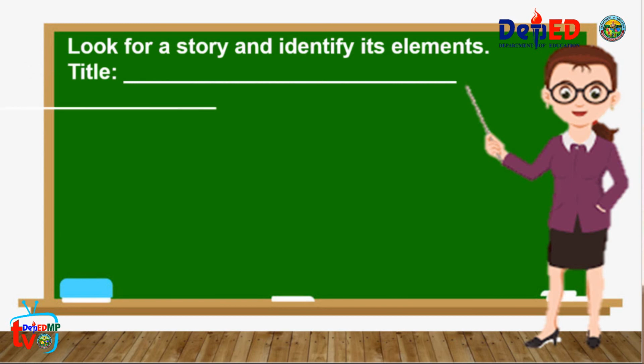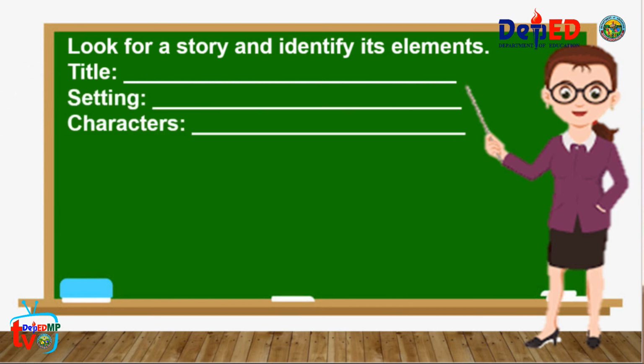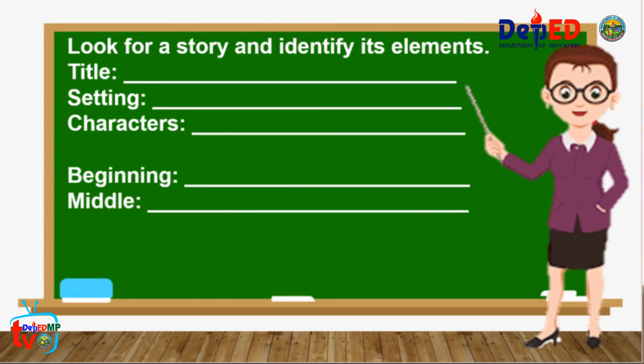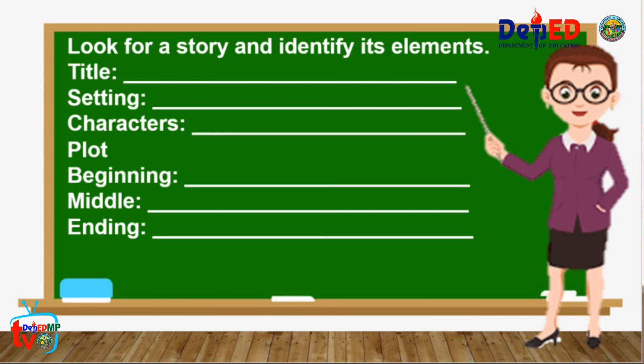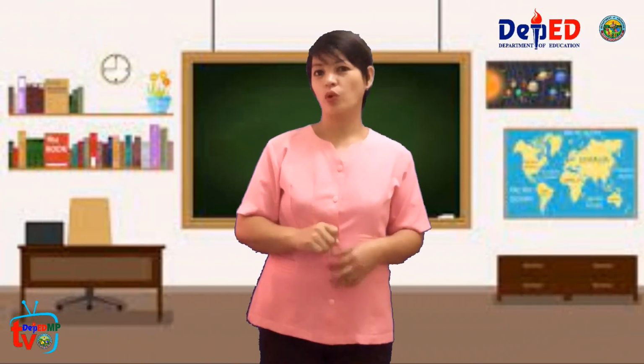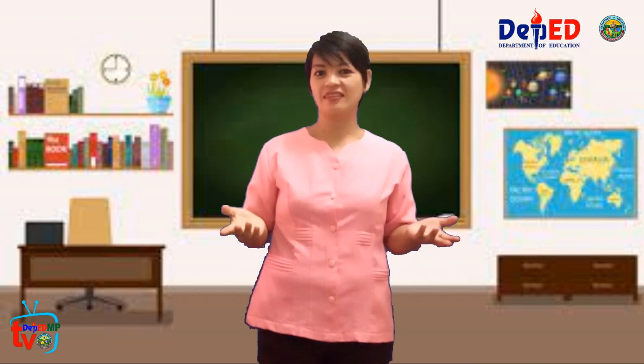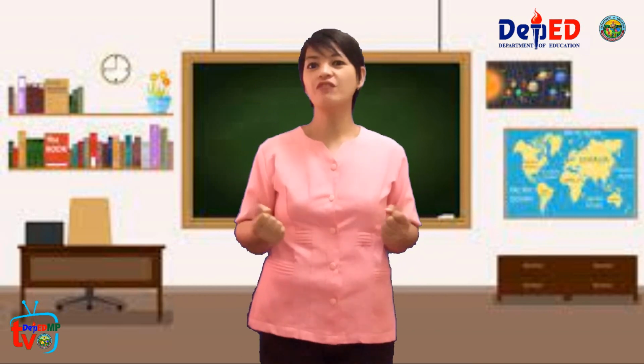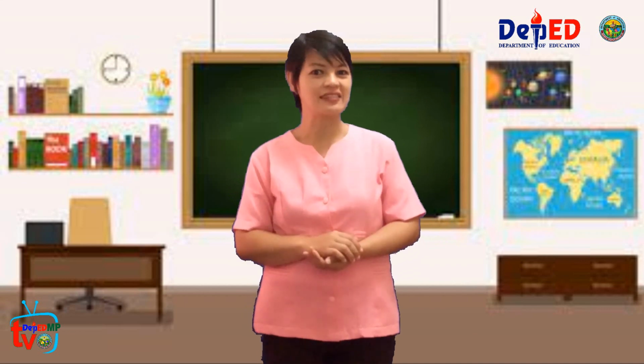Write its title, setting, characters, beginning, middle, and ending for the plot. Just one more story won't waste your time, will it? Have fun looking for a story you want to analyze.